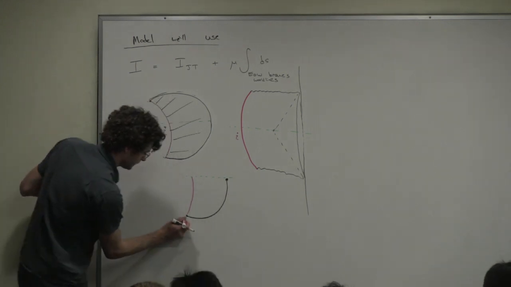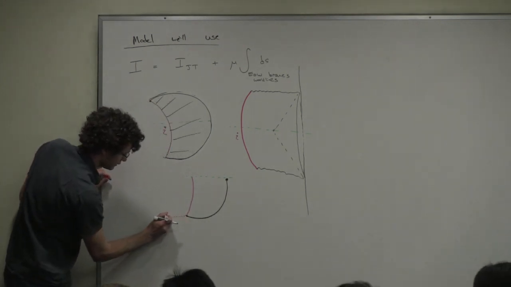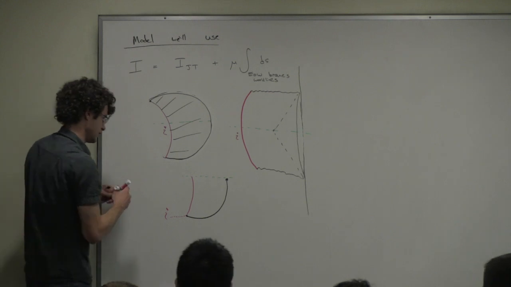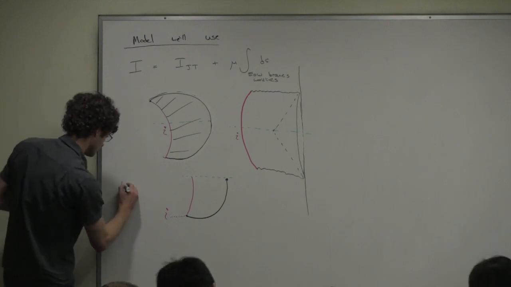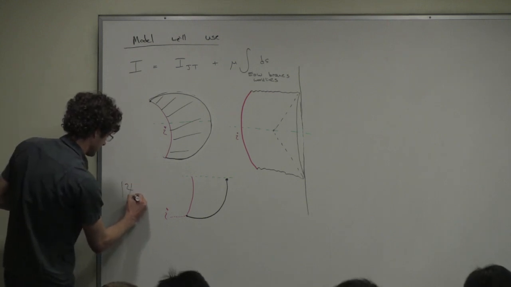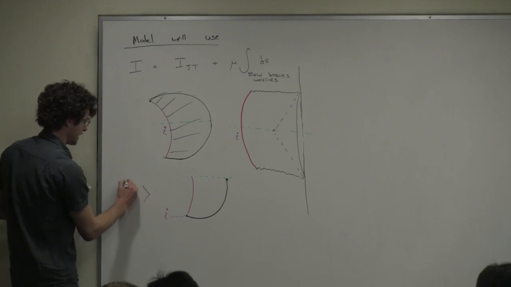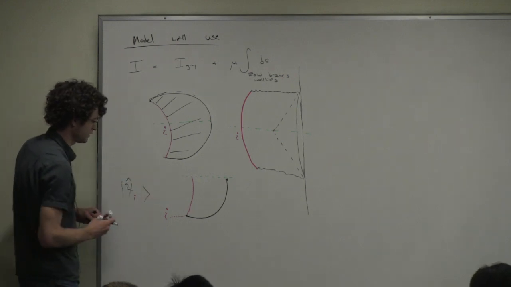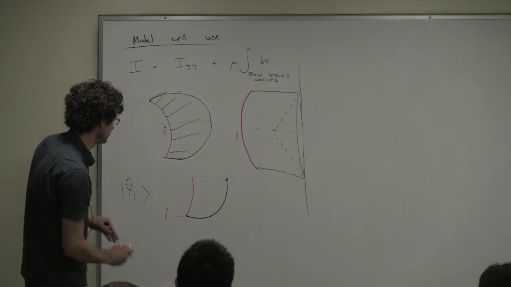I'll use the following notation for this object. So we'll write this as state psi I. And I'll put a hat on it because at the moment it's unnormalized. You can ignore the hat if you want.